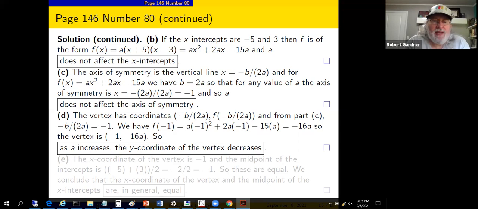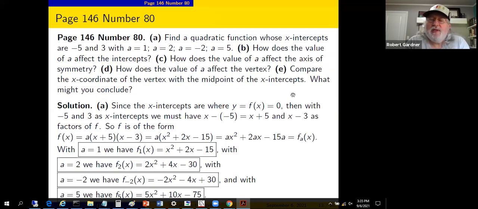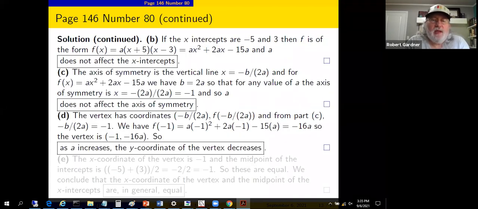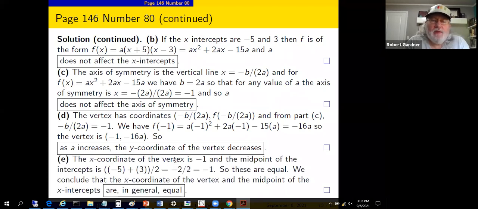Let's read that part E again, because that was a little weird. Part E says, compare the x coordinate of the vertex with the midpoint of the x-intercepts. What might you conclude? Okay. The x coordinate of the vertex is -1. Right, there's the vertex right there. The x coordinate's -1.